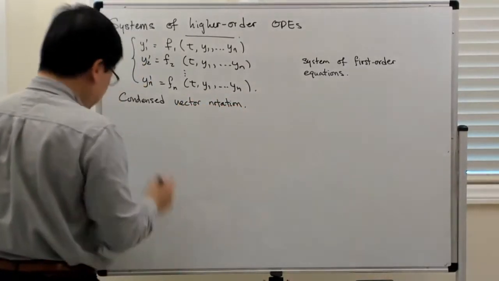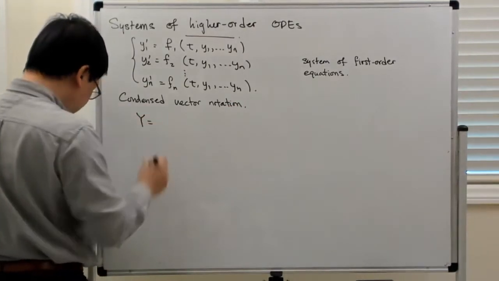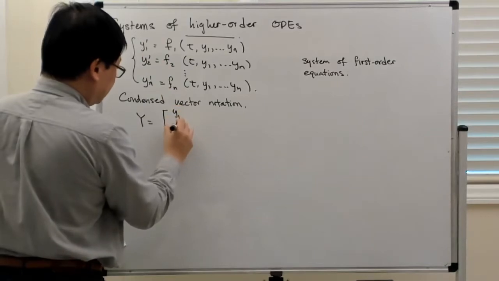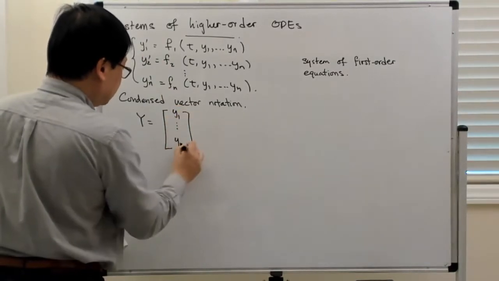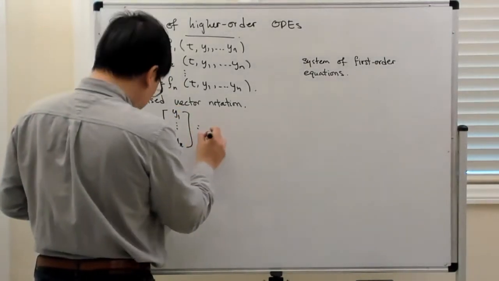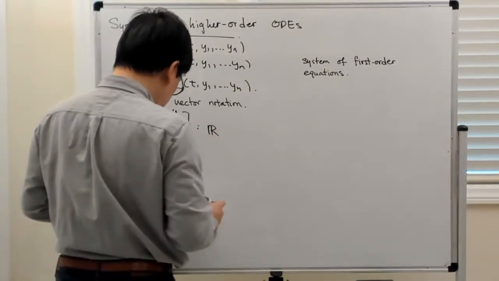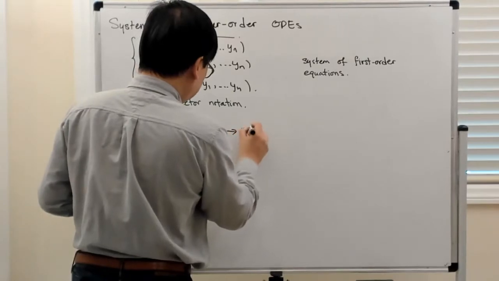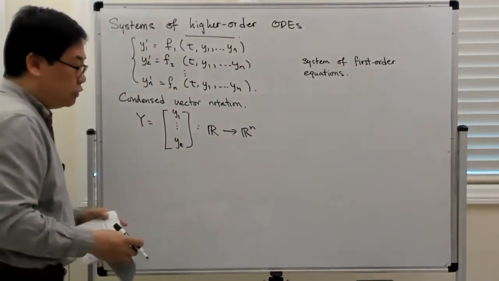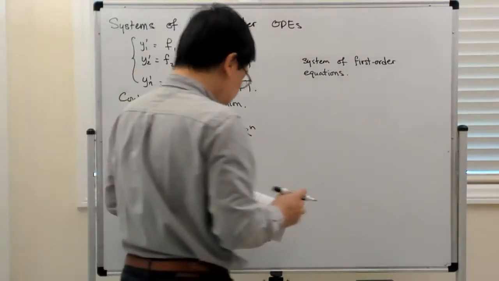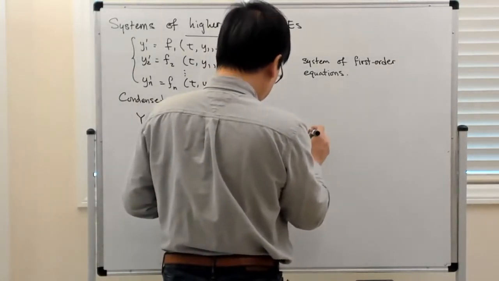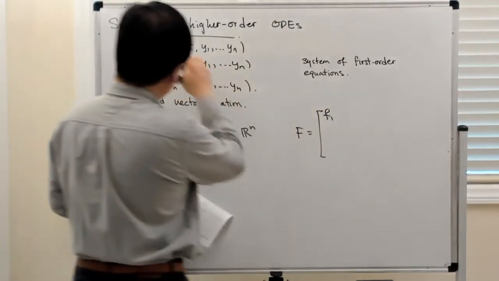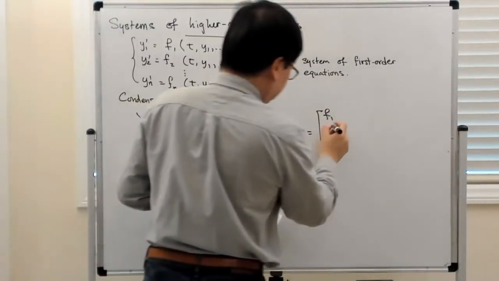Here I have, say, a big Y, which is a vector of these components y1 to yn, and it's a map from R to Rn, so it's a function of time, if you will. And then you have the vector field f, which consists of these components f1 to fn.